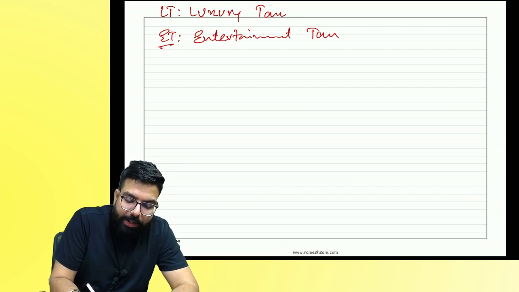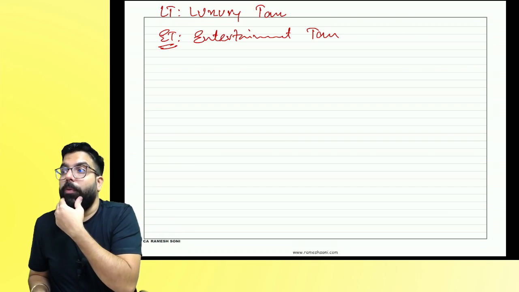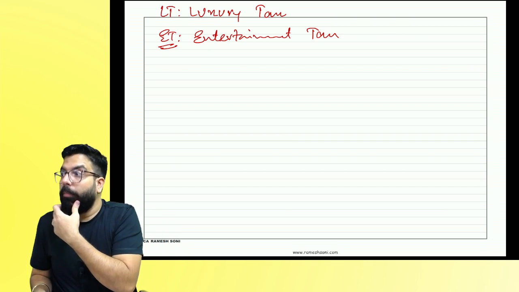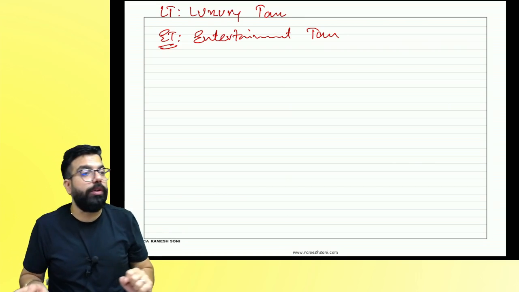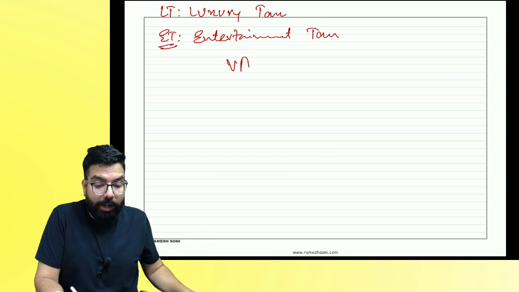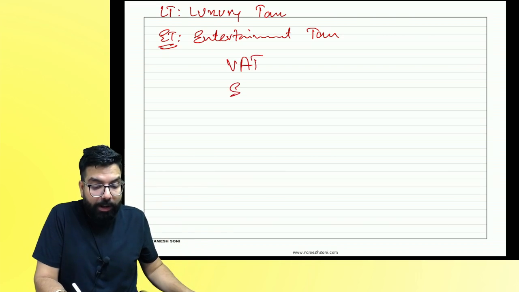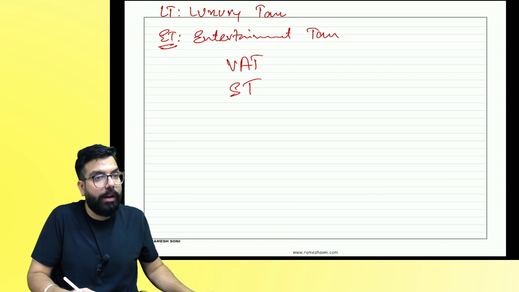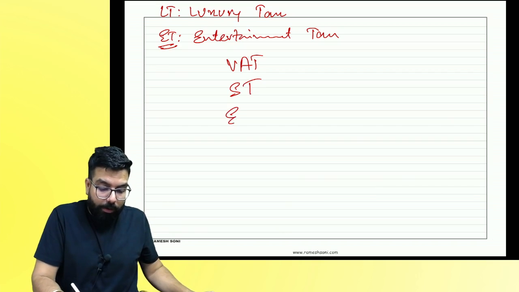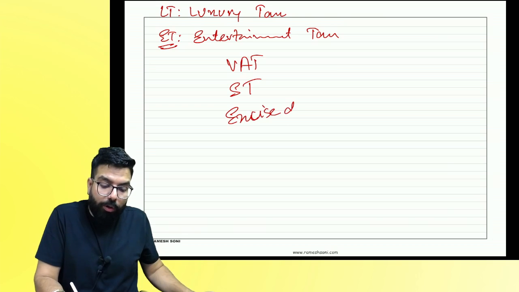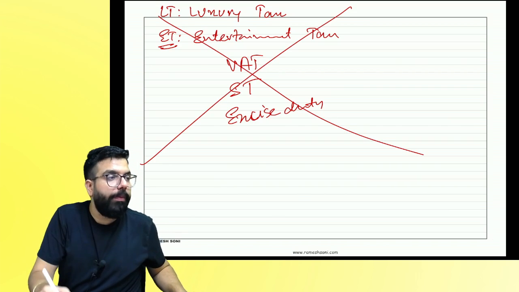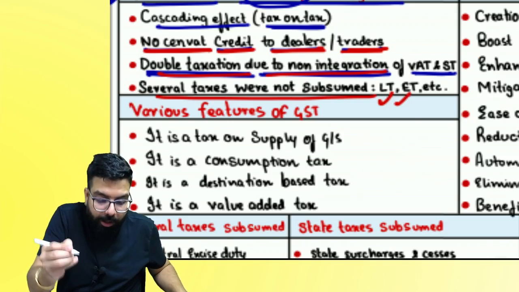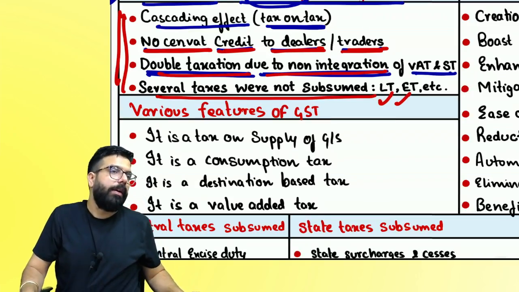Earlier, when you used to go to see a movie, entertainment tax was there. Luxury tax was there. Several taxes. VAT was there on sale of goods. On services, service tax was there. On manufacturing, excise duty was there. Government told, so many taxes. So the government deleted all of them and now the government got what, everyone? GST. So this was the problem in the earlier tax system.